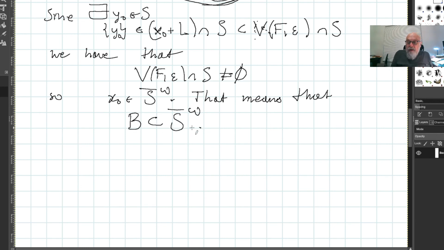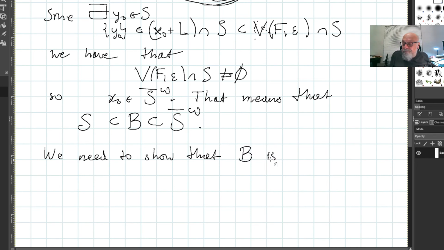So we got it. The only thing we now need to show is that, since this one contains S, the ball B is weakly closed.